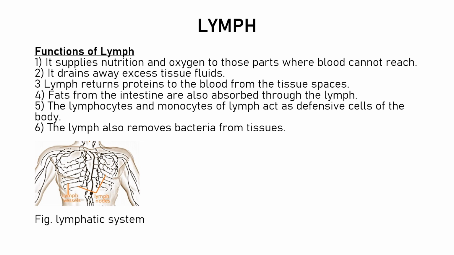The lymphocytes and monocytes of lymph act as defensive cells of the body, right? And the lymph also removes bacteria from tissues. These lymphocytes, monocytes help to eat bacteria. It helps to kill bacteria through the process of phagocytosis, right? So this is how the lymph is very important in our body.